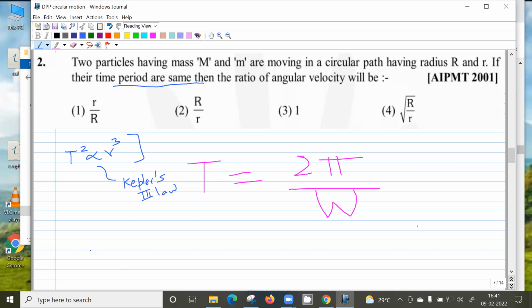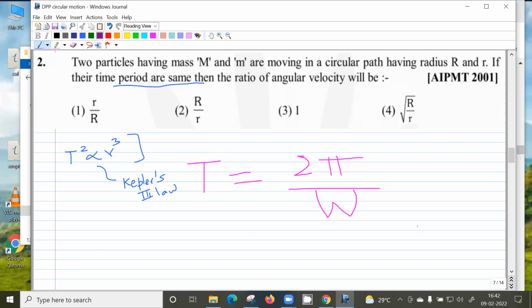Two particles, vertical circle. Okay, so this is coming. Kepler's law will not come here. He's saying that the time periods are the same.